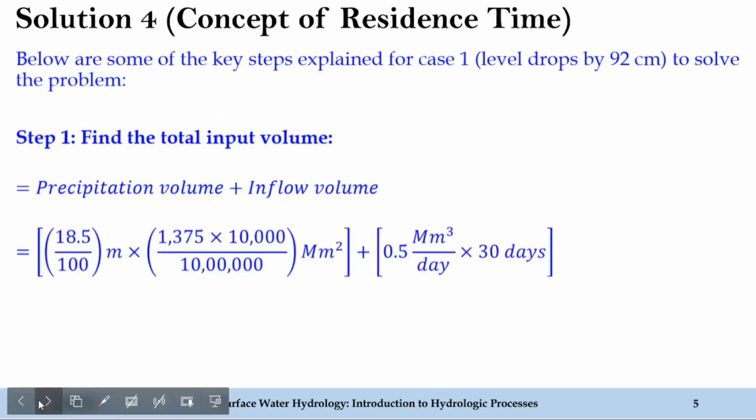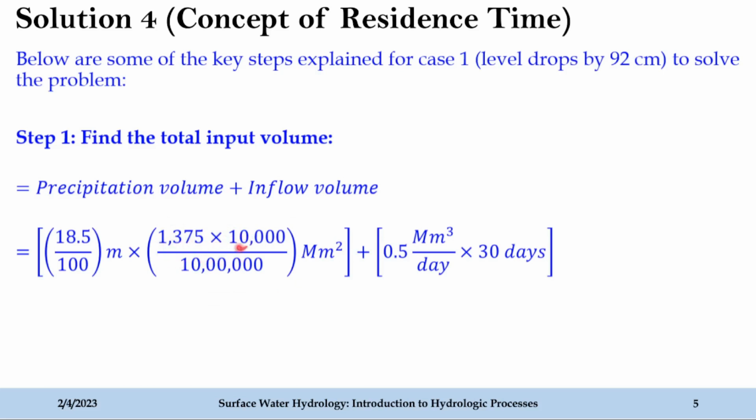Here we see that the depth of the precipitation was 18.5 centimeter. It has been converted into meter. Likewise, this precipitation depth has been multiplied with the area of the reservoir. We see that the area of reservoir was given as 1375 hectare.